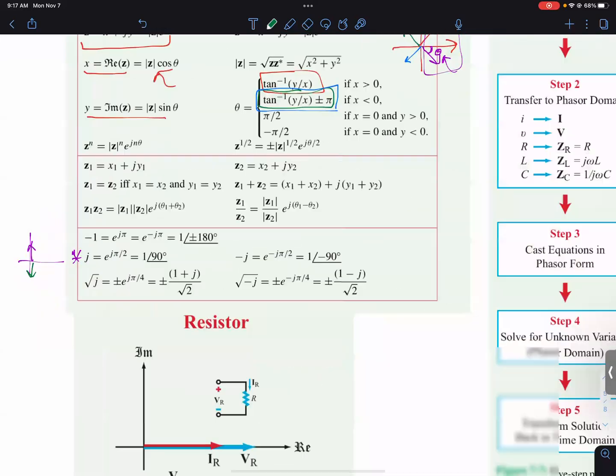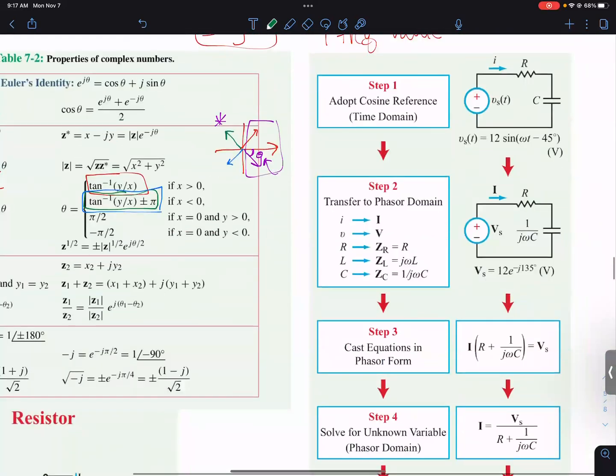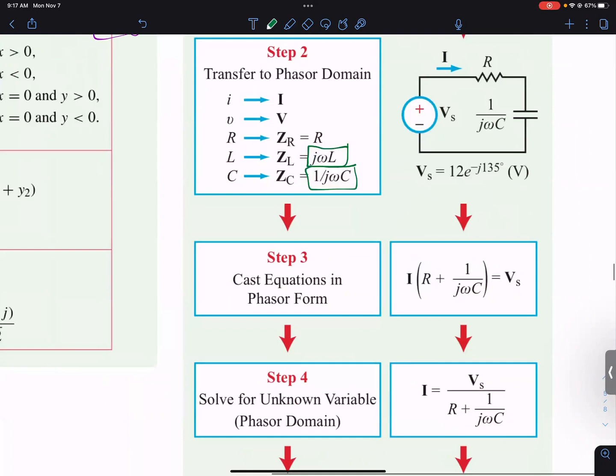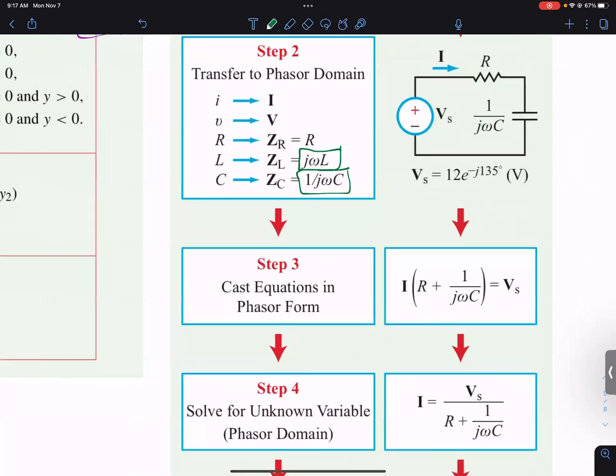All right, so that's a complex number review and a review of how to do the phasor domain, which is very similar to the Laplace. Instead, you plug in a specific value of omega to get a specific value for the inductor and capacitance. So that's the difference, it has one specific value.